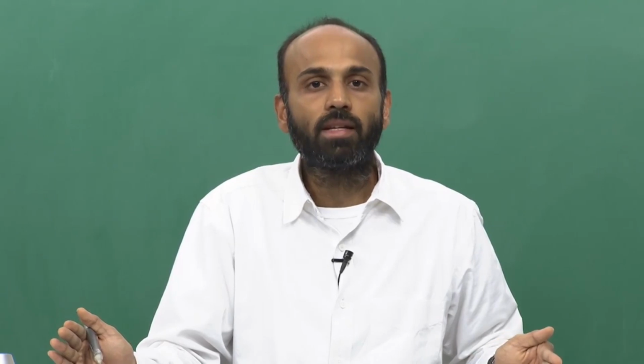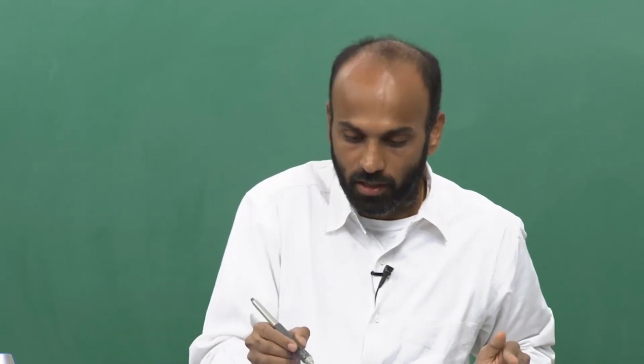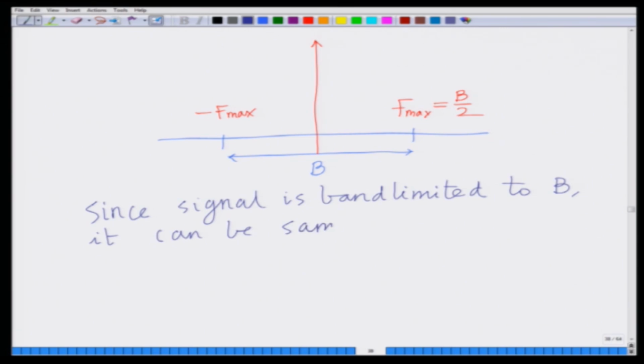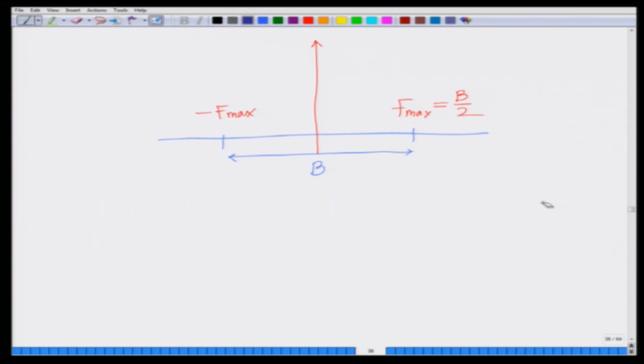The Nyquist rate is twice f max, which is equal to B. Since the signal is band limited to f max, it can be sampled at twice f max, the Nyquist rate, equal to B.